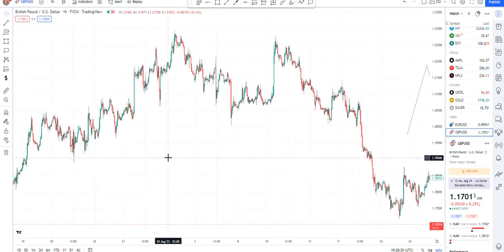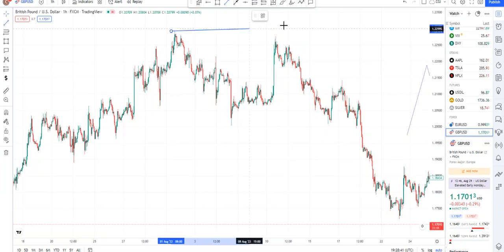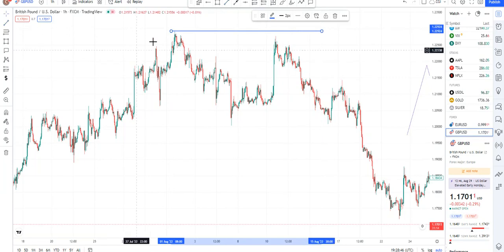So you can see that all these guys were used as internal liquidity when this move up happened. For this case now, you can see that our major liquidity was up here. If that major liquidity was taken, you see that this downtrend that was happening here is over, and we've now continued another uptrend.